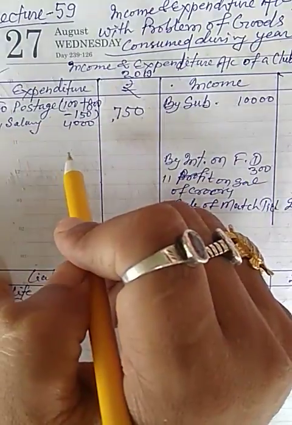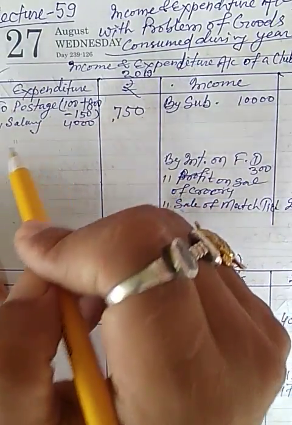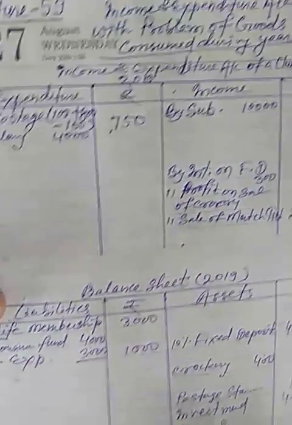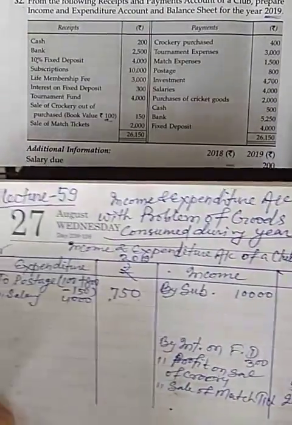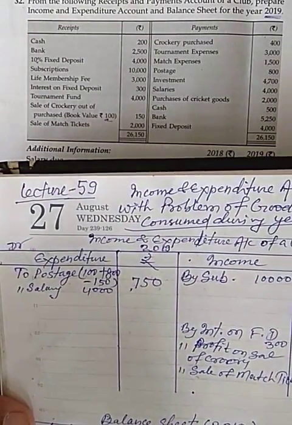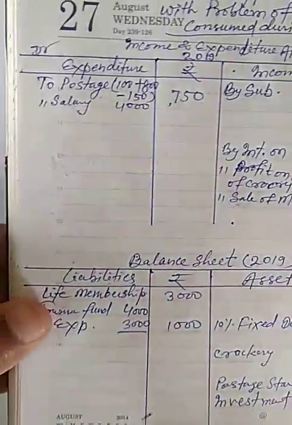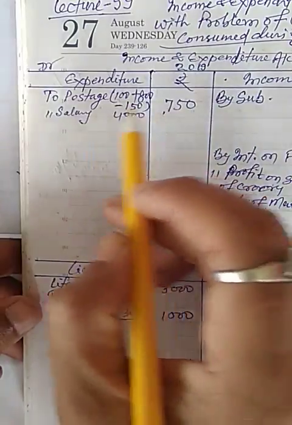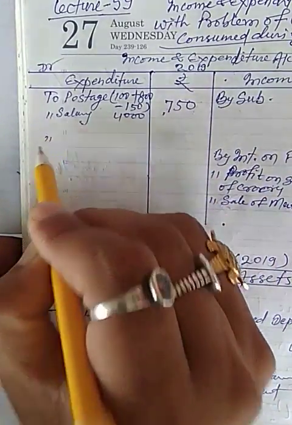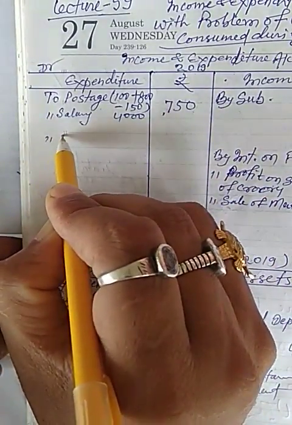Outstanding also is given, so I will adjust it later. Purchase of cricket goods is given 2,000, so it will also be related to material consumed.